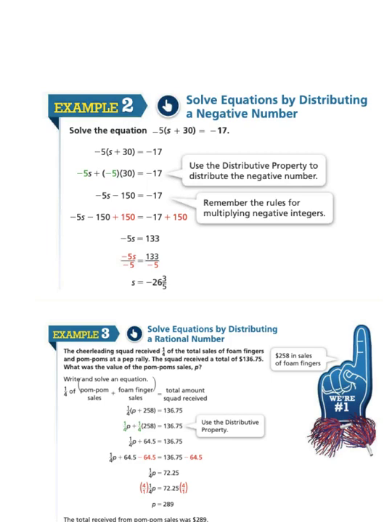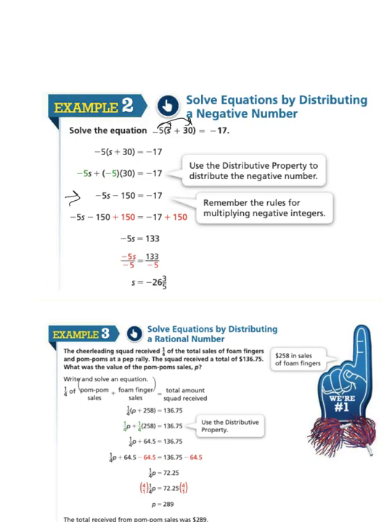You're simply going to distribute the -5, which means you are going to multiply everything in the parentheses by the -5. They show you that a negative times a positive s is a -5s. A negative times a positive 30 is a -150 equal to -117.